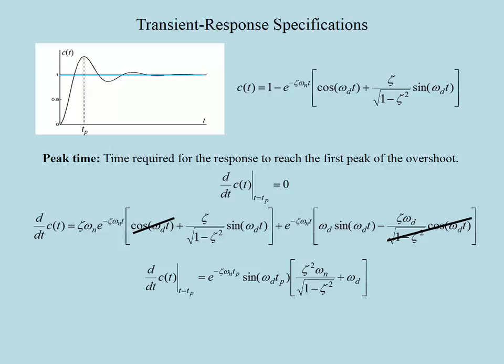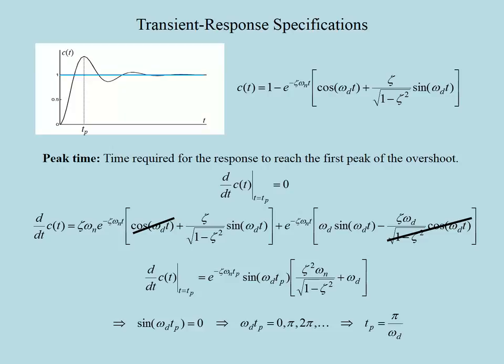Now the exponential term and the terms in the brackets are non-zero. So at the peak time, sine of omega_d t must be equal to 0. Or omega_d times t_p must be a multiple of pi. Since we are looking for the first peak, t_p must be equal to pi over omega_d.